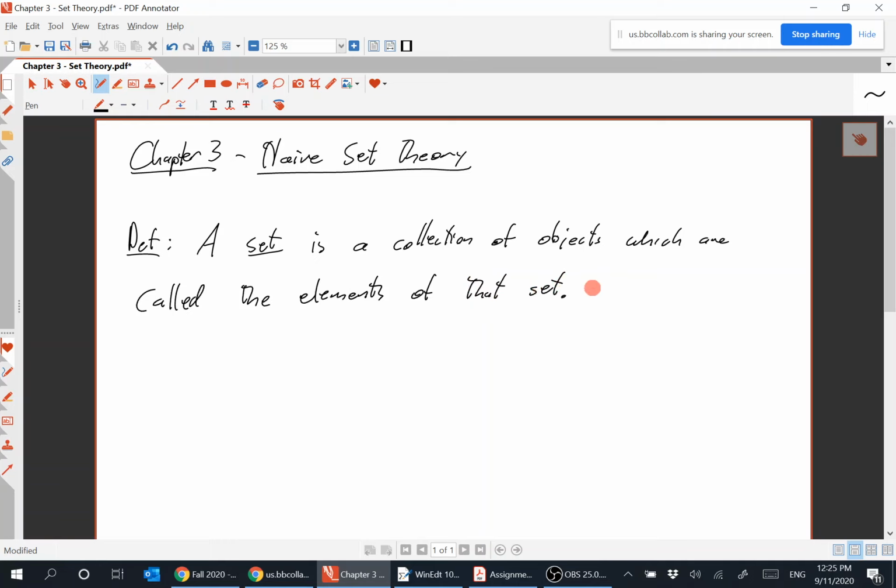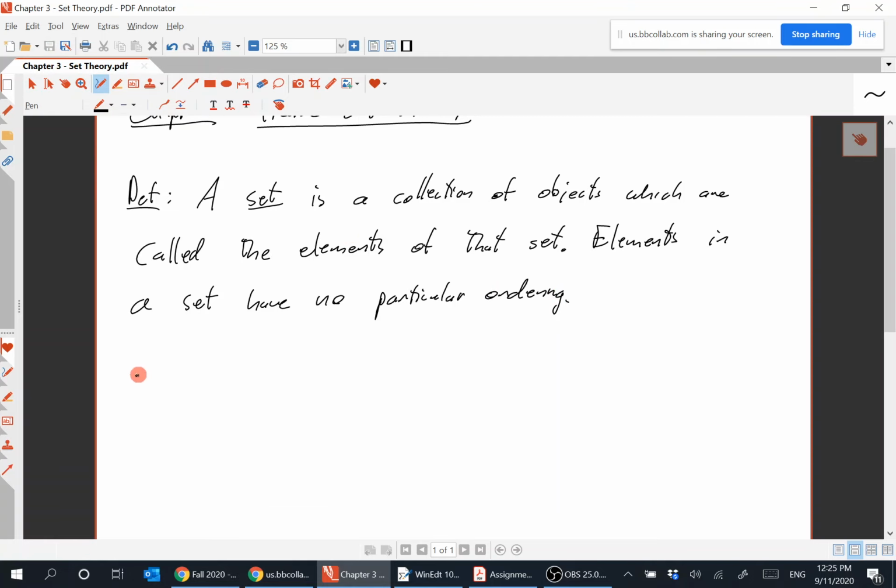Okay, and elements of a set are presented in no particular order. There are sets that do have orders, but not all of them. It's not something common to all sets. So we write the following.